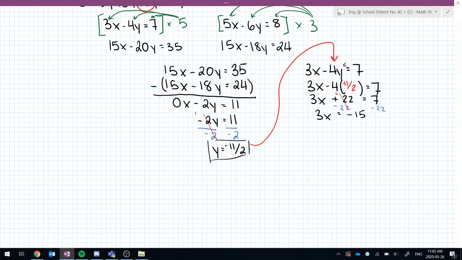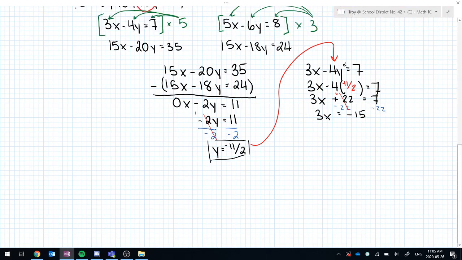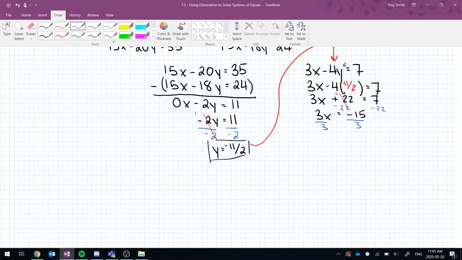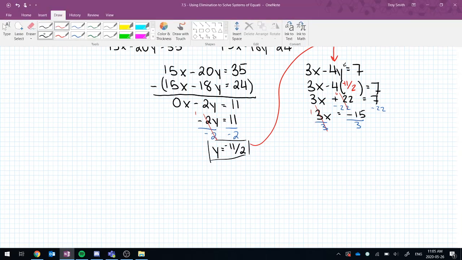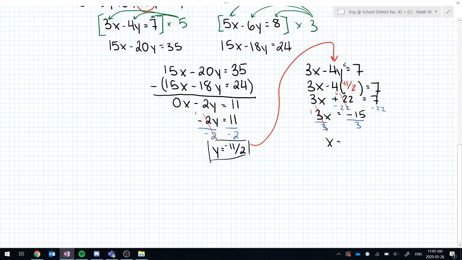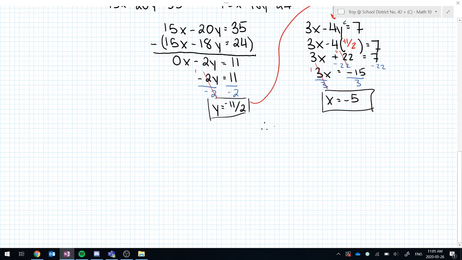And then from there, we'll divide by 3 on both sides to get rid of that 3. Those 3's cancel out, and we are left simply with x is equal to, well, negative 15 divided by 3, of course, gives us negative 5. All right, so therefore, x equals negative 5, and y equals negative 11 over 2, which is the same as negative 5.5.